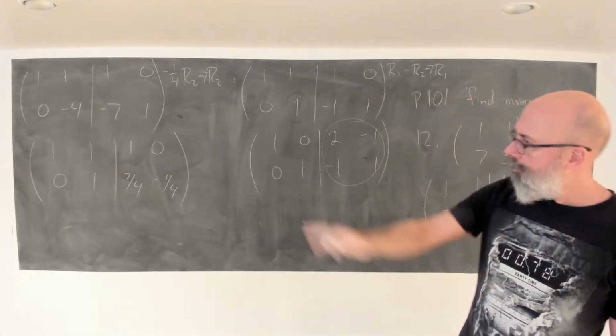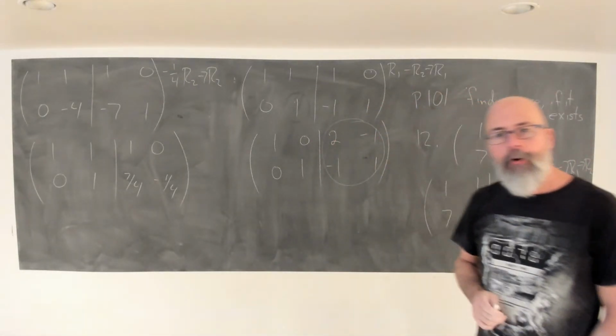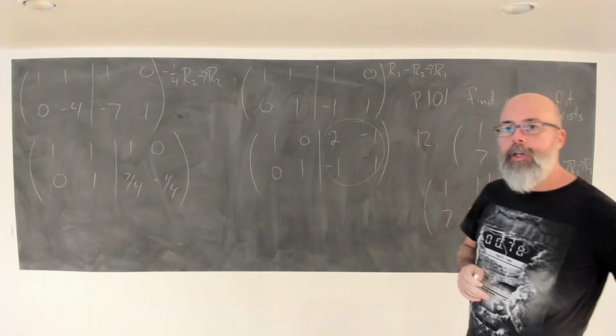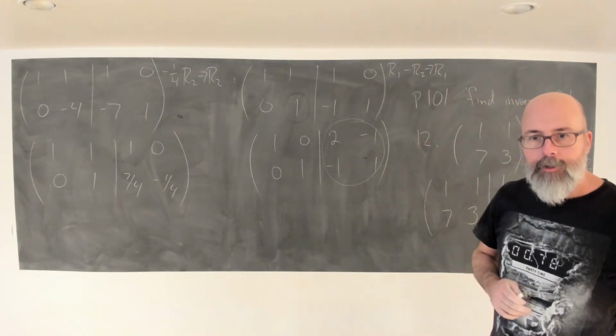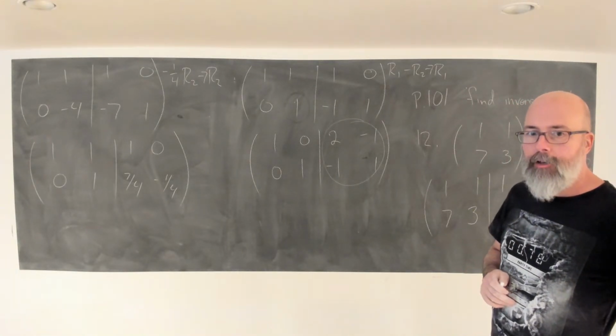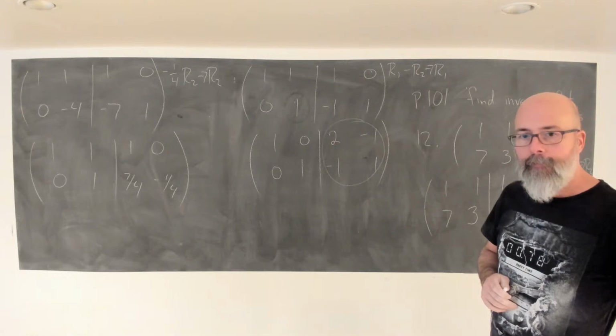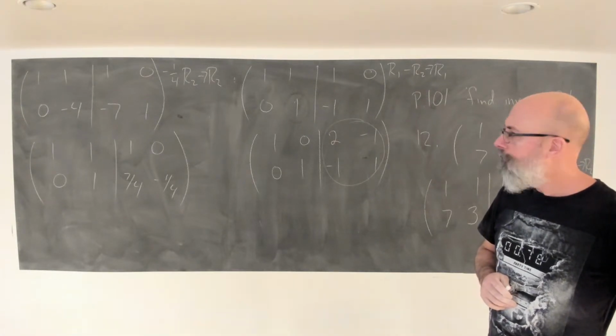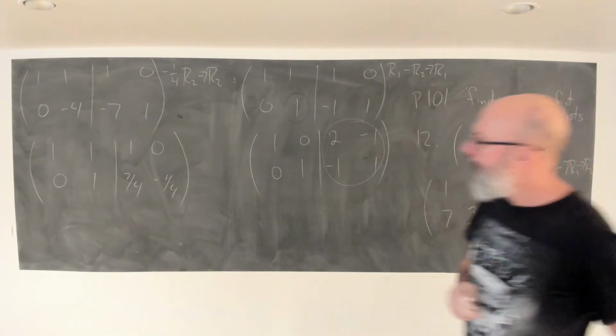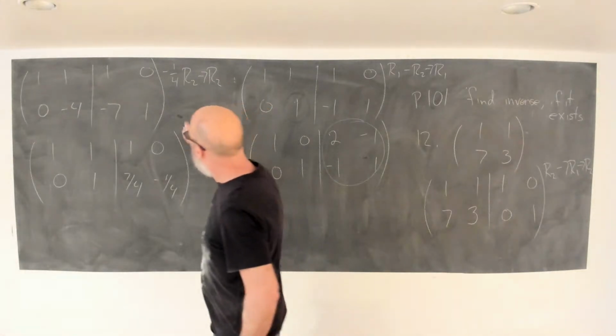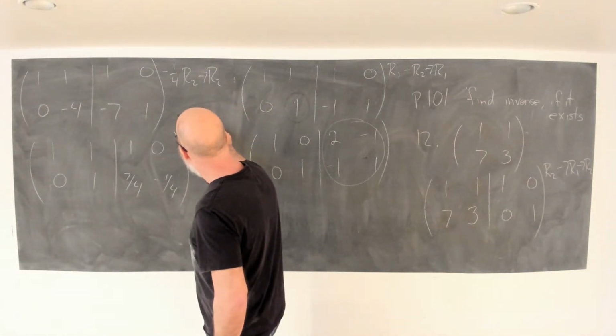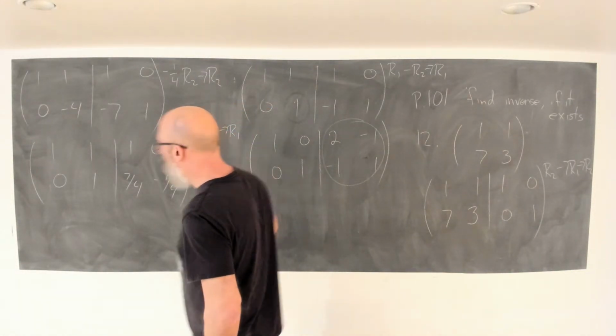I trust everybody's with us here and you're able to do these row operations as quickly as I can. Let's finish it up. Row 1 minus row 2 for row 1.